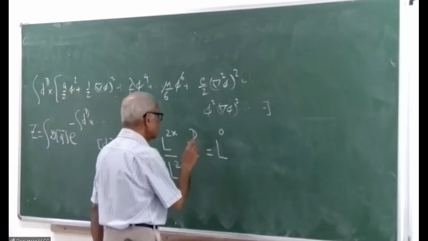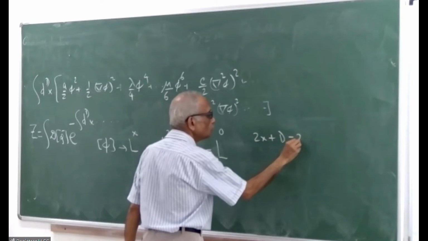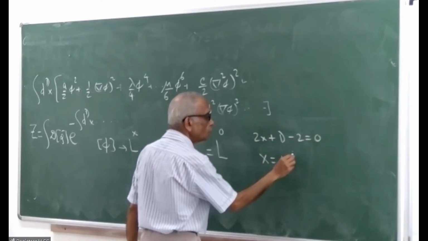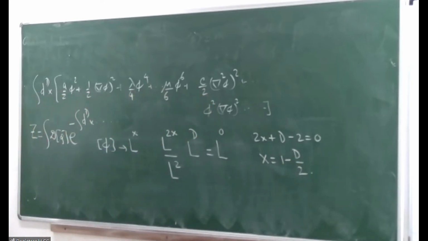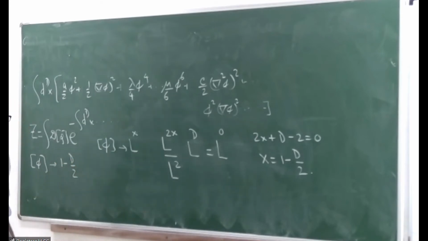So 2x plus d minus 2 is equal to 0, so x is equal to 1 minus d by 2. So the dimension of phi is 1 minus d over 2.